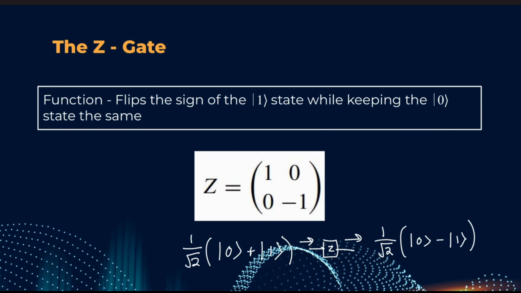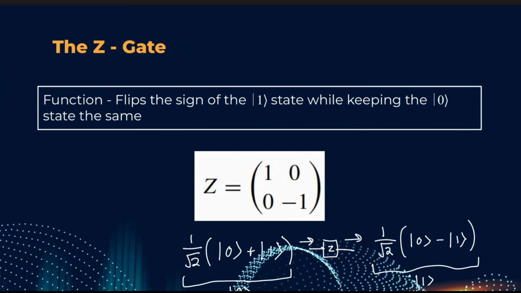Like we saw before, this right here looks like what happens when we apply the H gate to the 0 state. And then this right here looks like what happens when we apply the H gate to the 1 state. So the Z gate is like a phase flip and not a bit flip.